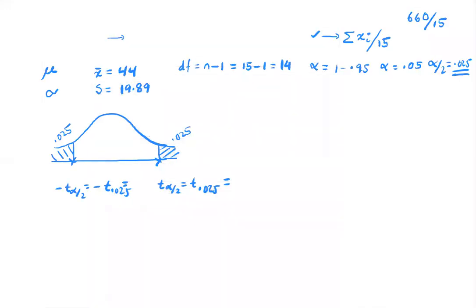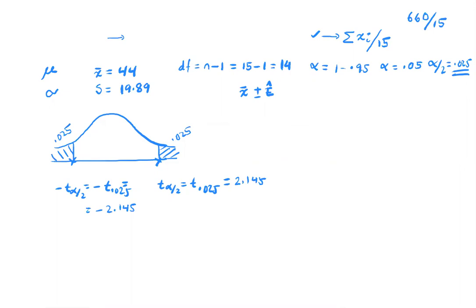So let's go back. This is going to be negative 2.145. This is going to be positive 2.145. Now, if I do the calculation, my X bar plus or minus margin of error, right? That's going to be my confidence interval.